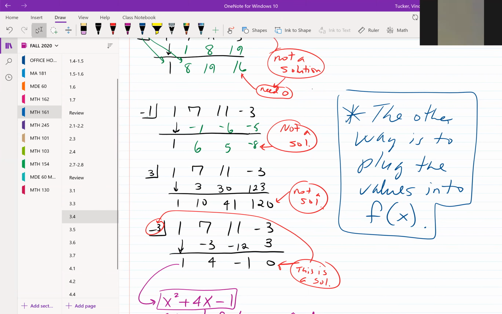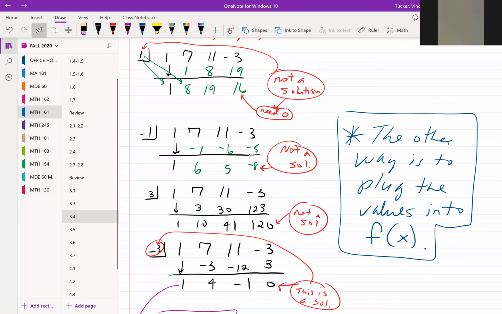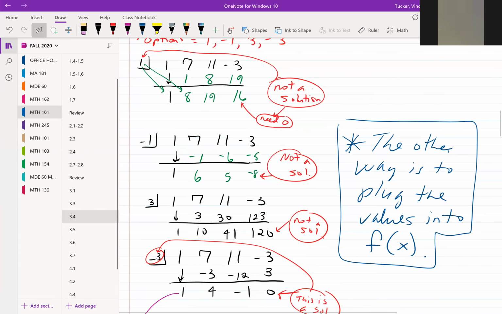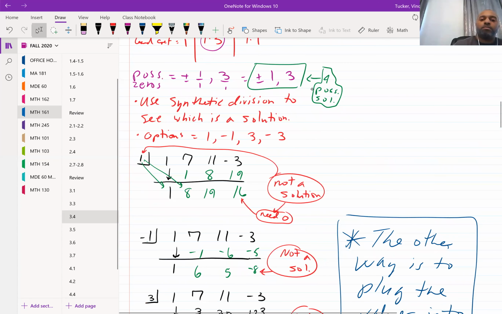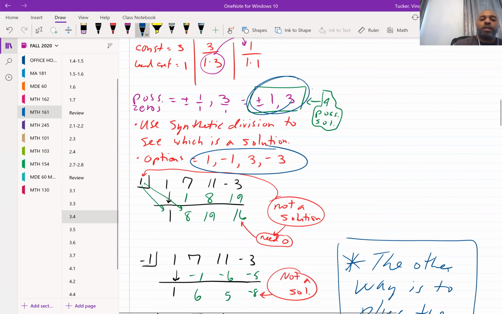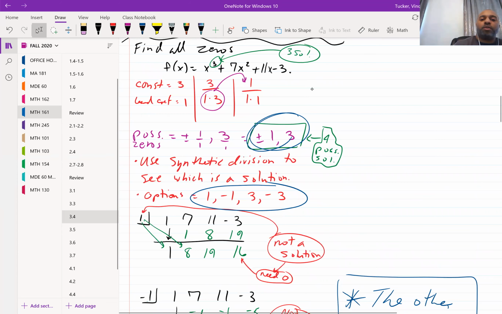So what did you do with, I kind of got lost. You know when the top it says 1, 7, 11, -3, those are the coefficients. How do you get the -1, -6, -5? Right here. Remember our possible solutions, when we take 1, 3 and place it over 1 and 1.